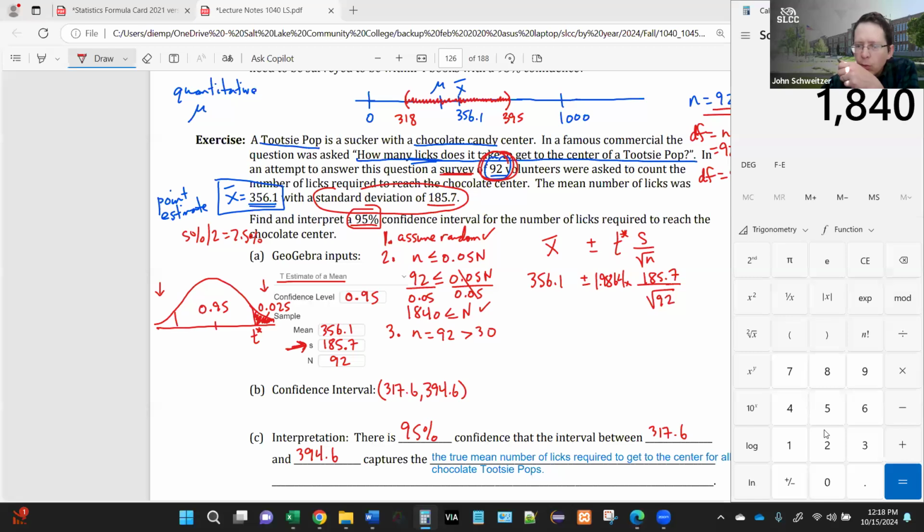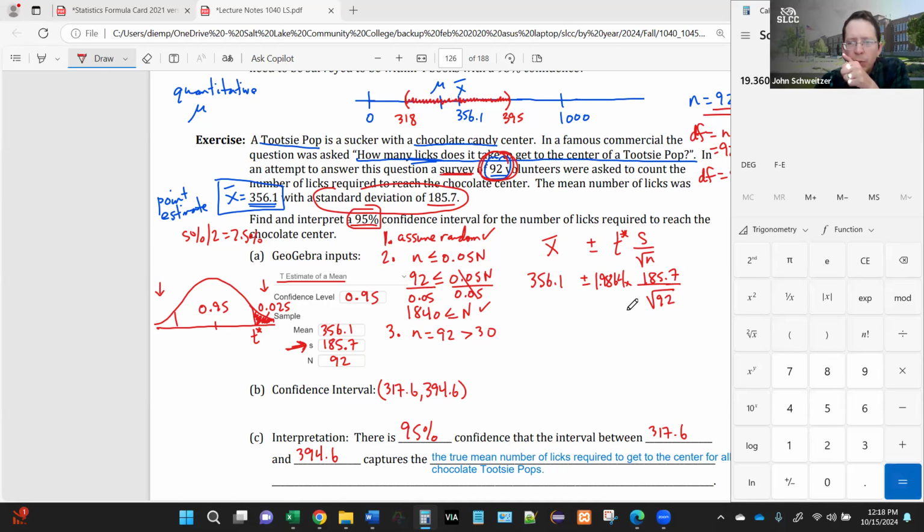All right, so 185.7, that's the sample standard deviation. We're going to divide that by the square root of 92. Okay.